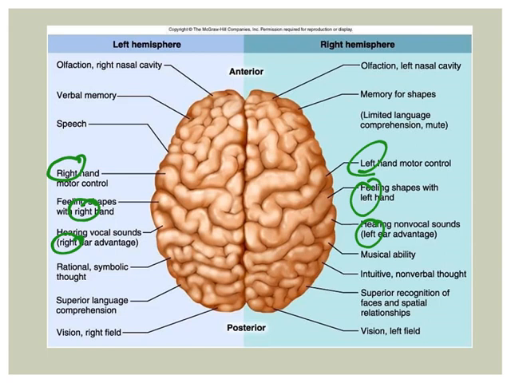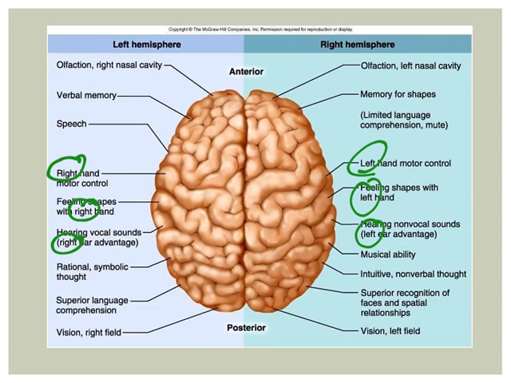The right cerebral hemisphere is going to be interpreting sensory information coming from the left side of your body, and it does control muscle movements on the left side of the body. We will be talking about motor pathways and sensory pathways, in which the information is traveling, and there's something called decussation, or crossing over. That's why you see the opposite control.